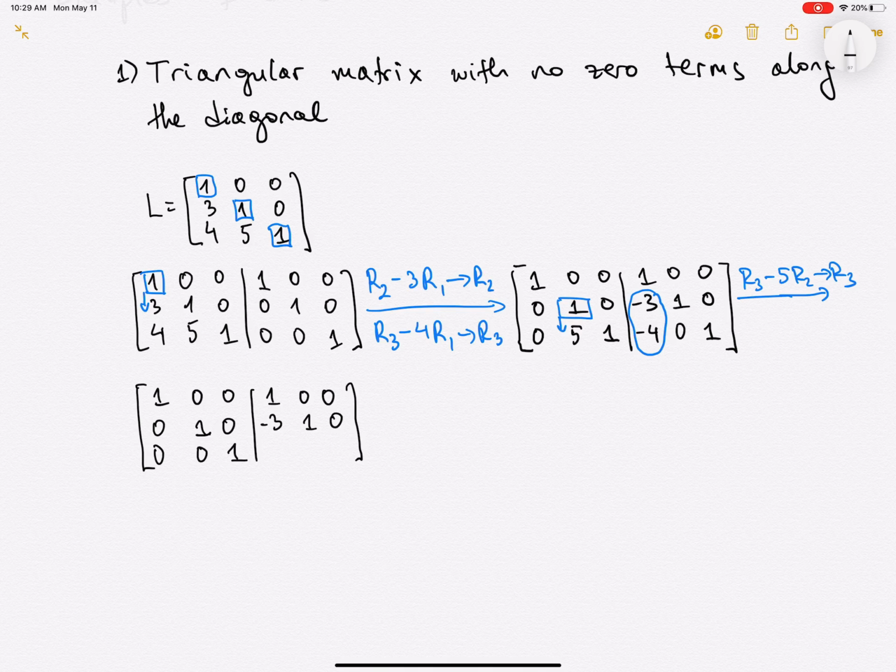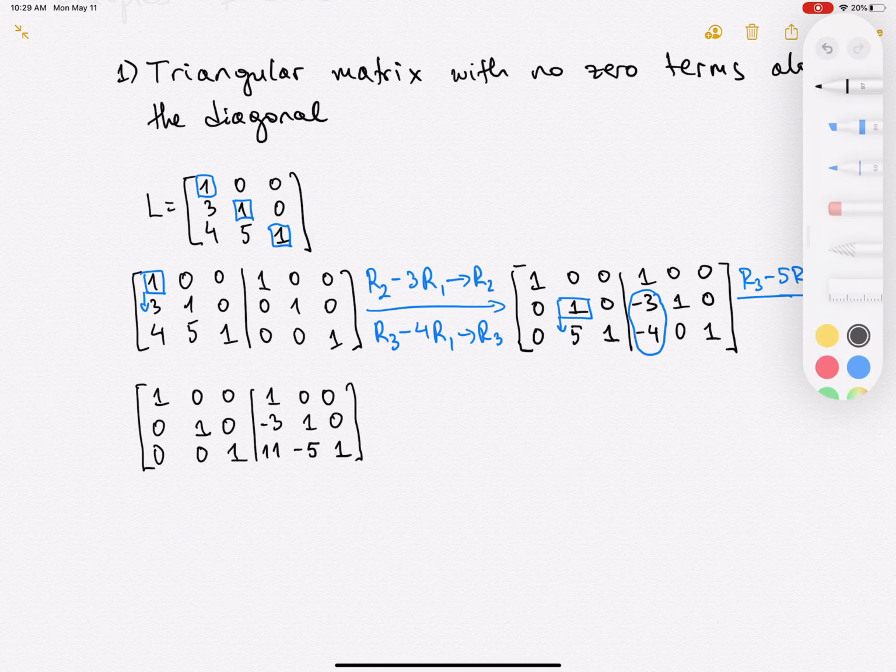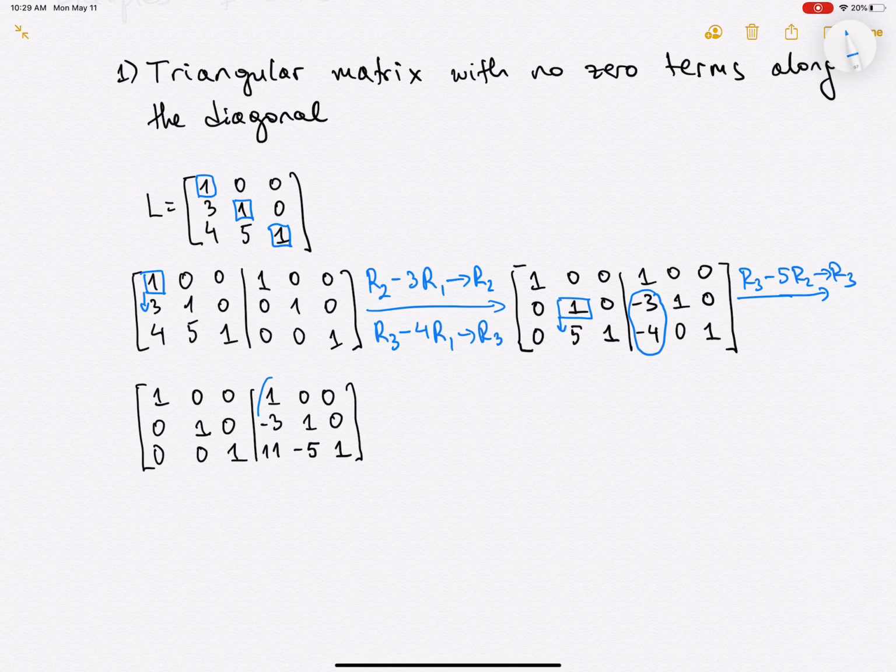Then I have row 3 minus 5 times row 2. So that's negative 4 plus 15, that will be 11. And then I have 0 minus 5, so I have a negative 5. And then I have 1 minus 0, which is 1. So you see on the left-hand side, I got the identity matrix, which means that on the right-hand side, I have L inverse. So this over here is L inverse.